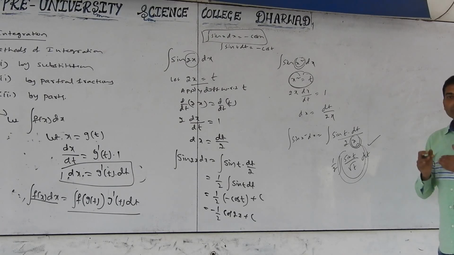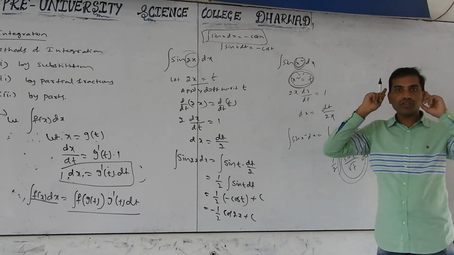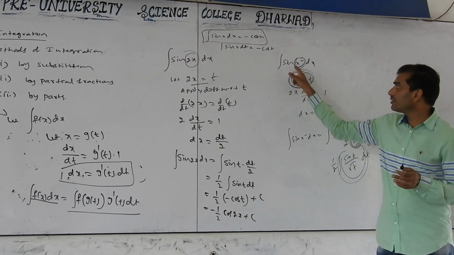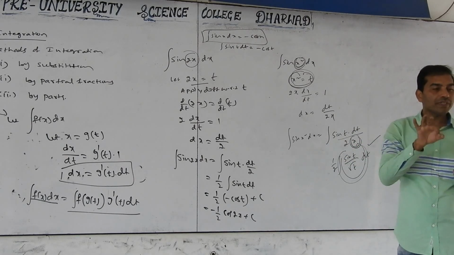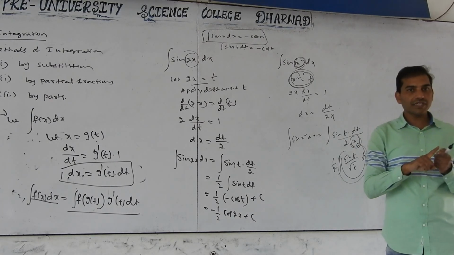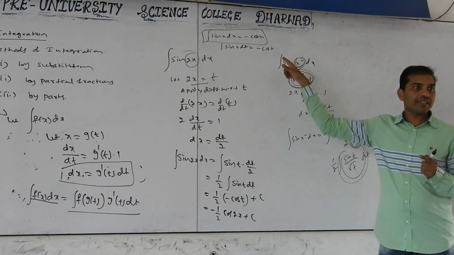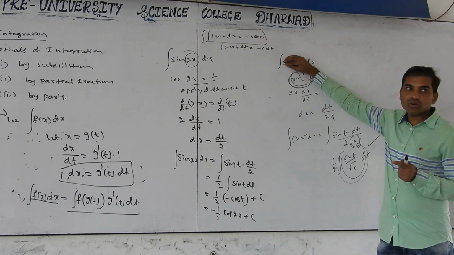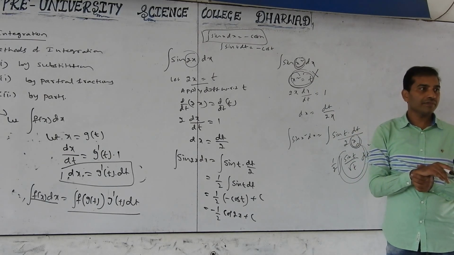If you take x squared equal to t, you have to calculate the differentiation of x squared, which is 2x. 2 is a constant, but a variable should not be there. If a variable is there, don't take it as t. X squared differentiation is 2x, so 2 is a constant and x is a variable. Is the variable there in sin x squared? No. That's why assuming x squared equal to t is the wrong way.